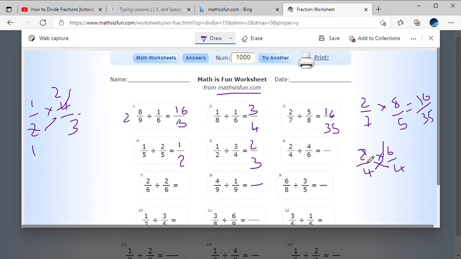So 2 goes into 2 once, and 2 goes into 4 twice. Both 4 and 6 are divisible by 2, so 2 into 6 gives us 3, and 2 into 4 gives us 2. It will be 3 times 1, which is 3, and 2 times 2, which is 4. So for number 6, I got 3 over 4. Let me know if you got a different answer for that one.